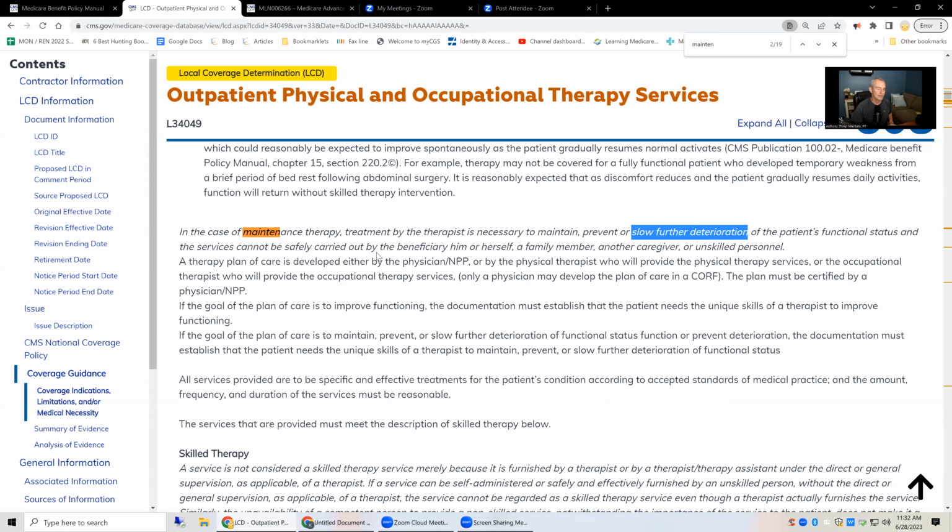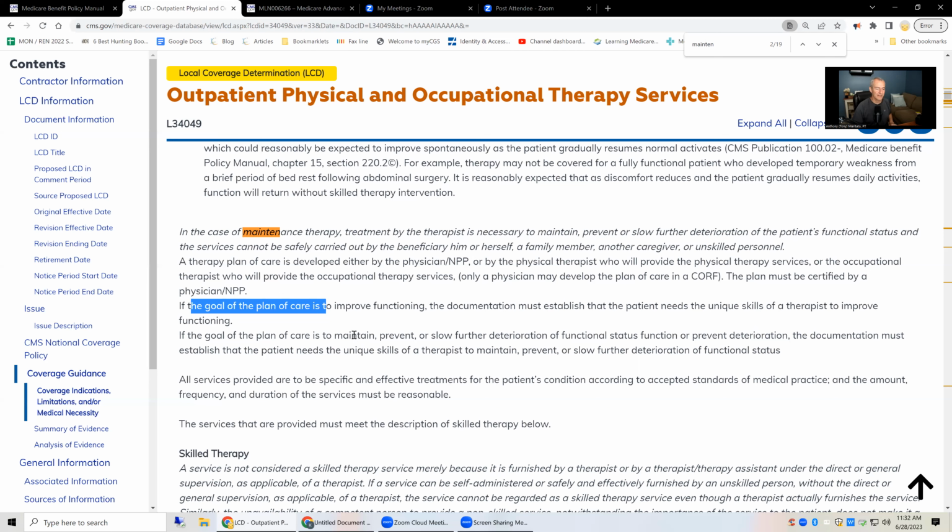Services cannot safely be carried out by the beneficiary or family member, caregiver, unskilled personnel. A therapy plan of care is developed either by the physician, non-physician practitioner, physical therapist, occupational therapist, speech language pathologist. If the goal of the plan of care is to improve function, the documentation must establish that the patient needs the unique skills of a therapist to improve functioning.